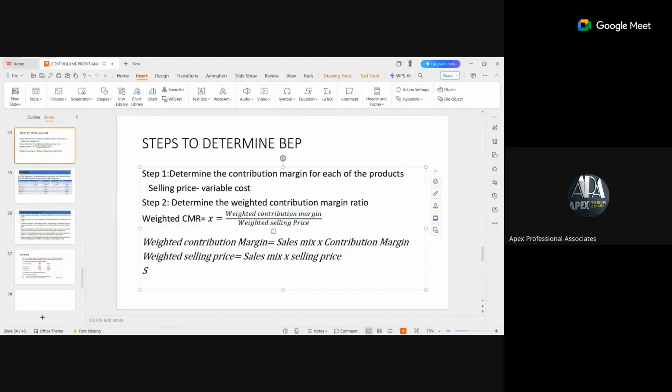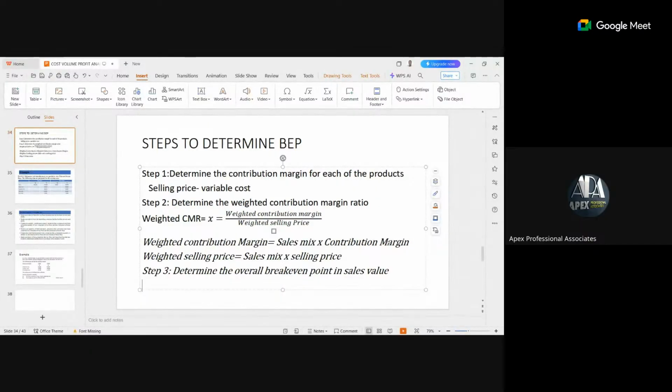Step 3. What do we have to do? Determine the overall break-even points. Overall break-even point in sales value. So how do you determine that?